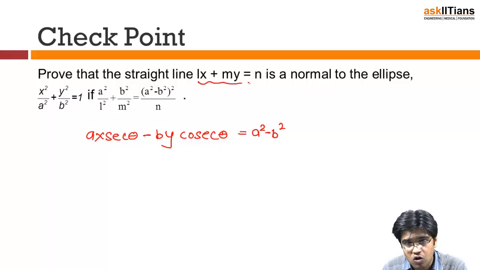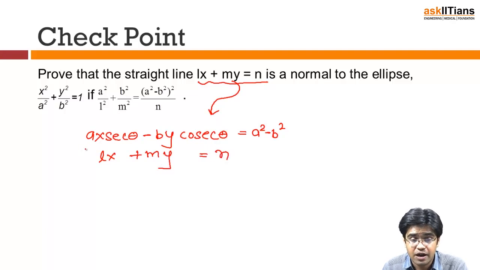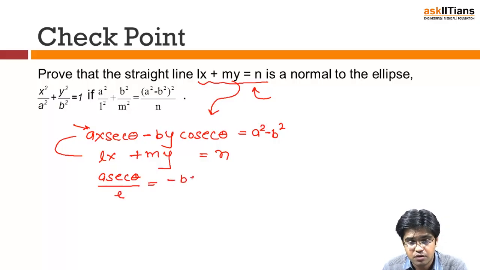If this equation is a normal, then this equation has to be of this form, that means lx plus my is equal to n. If I am saying that both these two equations are the same because this is also a normal and this is also a normal, then their coefficients have to be the same as well. That means a sec theta by l, minus b cosec theta by m, has to be equal to a square minus b square by n.